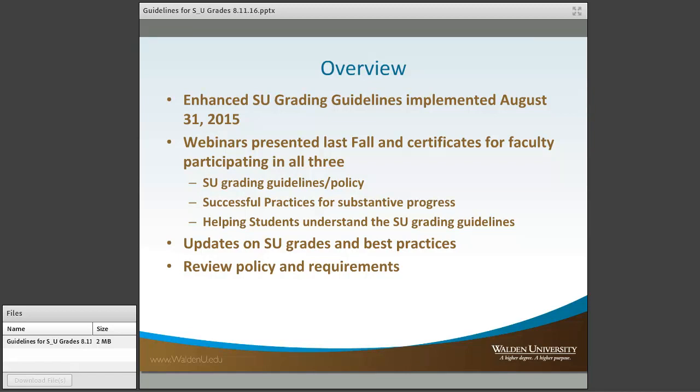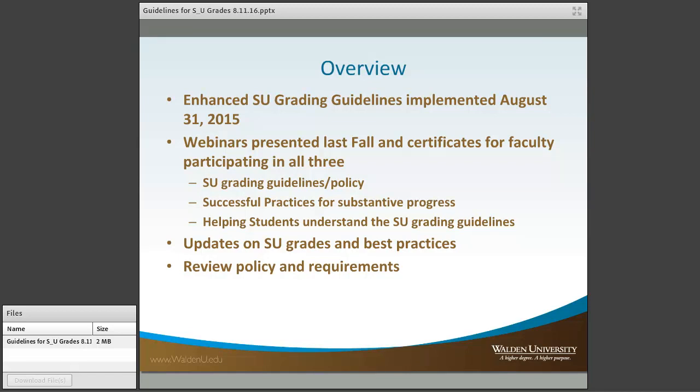For those of you who feel very familiar with this policy and very experienced in it, this is more of an introductory overview, but we will be digging deeper, and there will be follow-ups from this. We're working on several things like discussion forums and other types of experiences where you can get support and connect with other faculty.